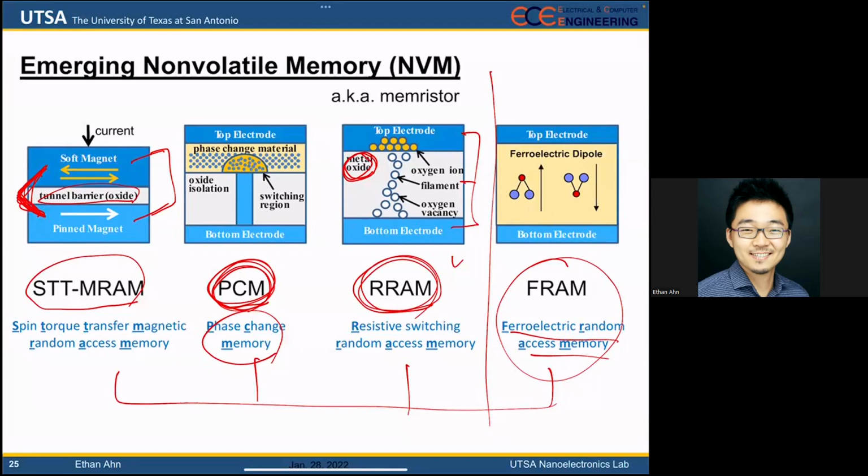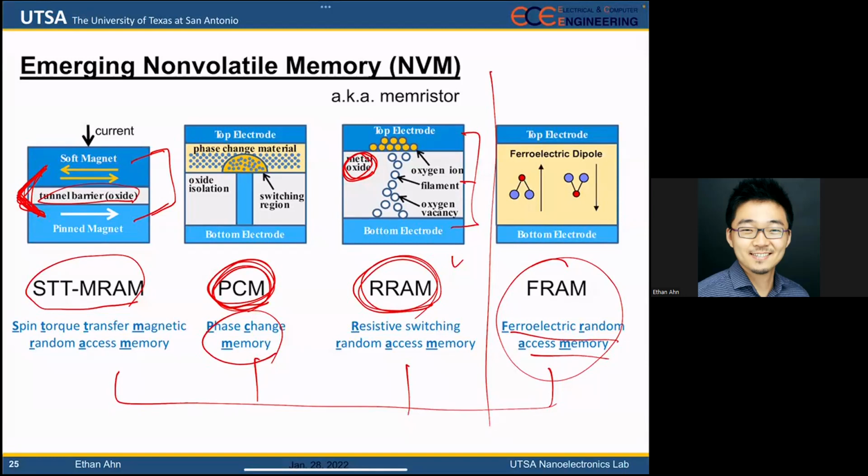Usually, the ferroelectric property was a characteristic of some specific oxide materials, like perovskite oxides, some complex oxides. And these complex oxides usually have issues in CMOS integration.